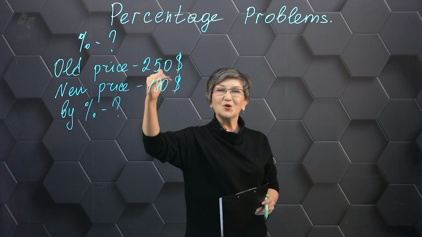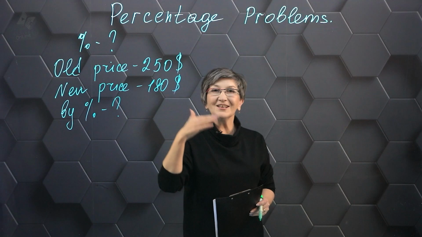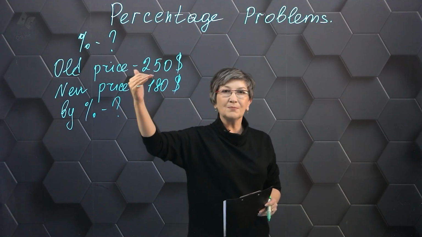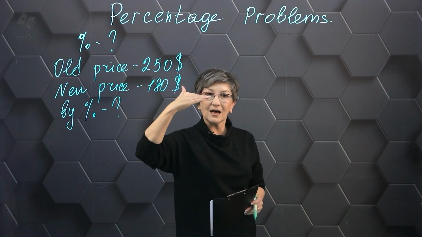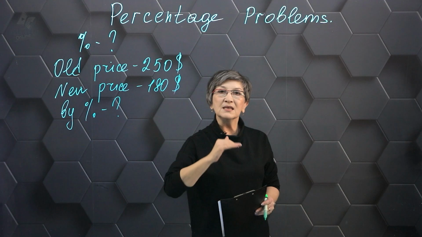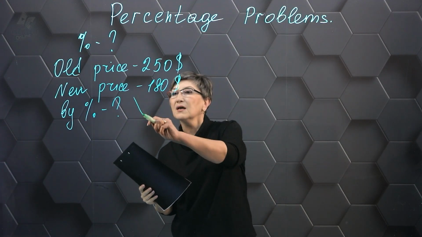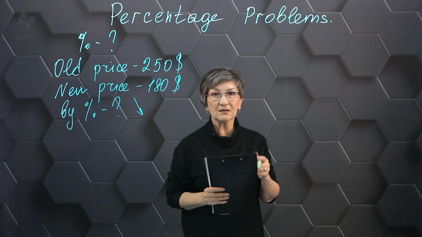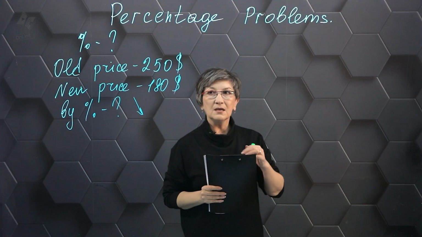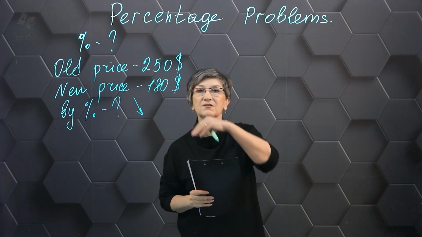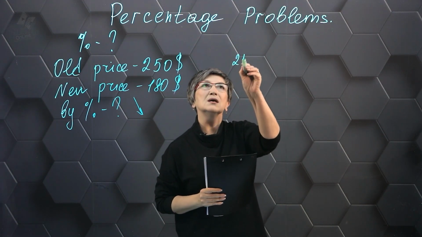Let's remember that the original price is 100%. We were told that there was a price and then it went down. By how many percent did that price go down? Let's do the math. So if the original price was $250, I write down 250, that's 100%.